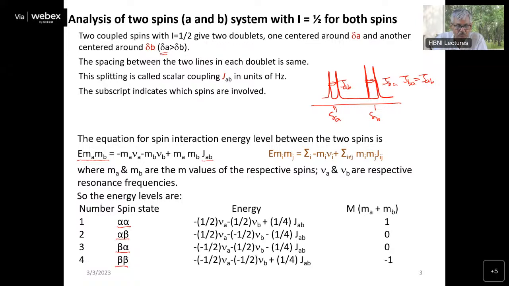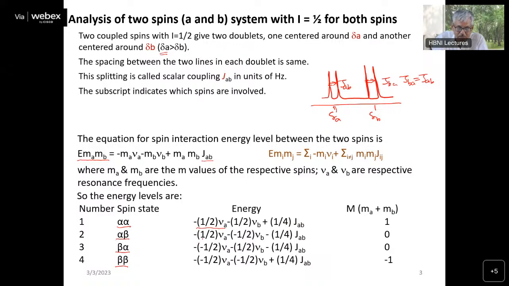If you use this equation, when both are alpha, MI is equal to plus half, so it is minus half nu A minus half nu B, and this is the coupling constant: MA and MB, half into half, J AB.